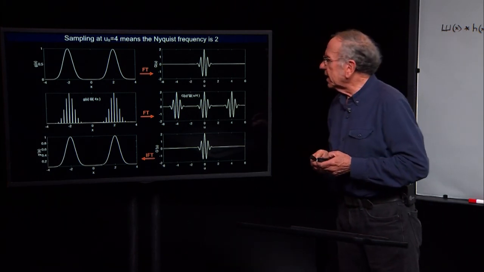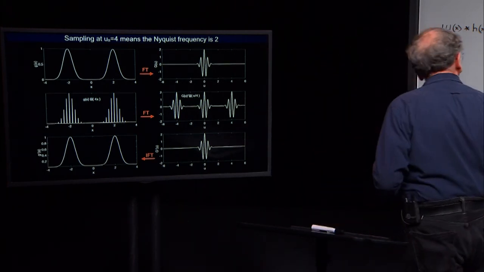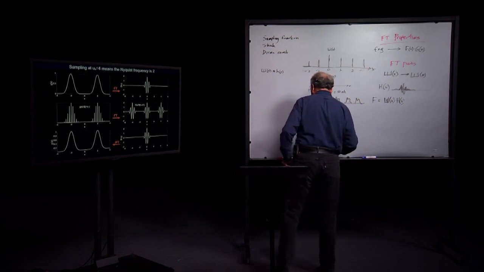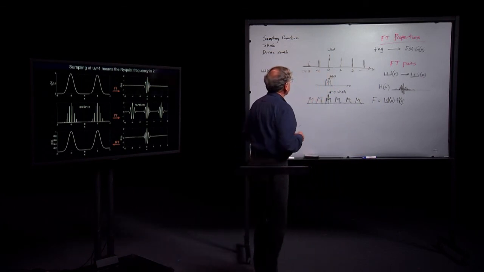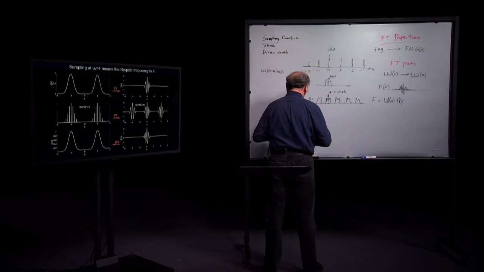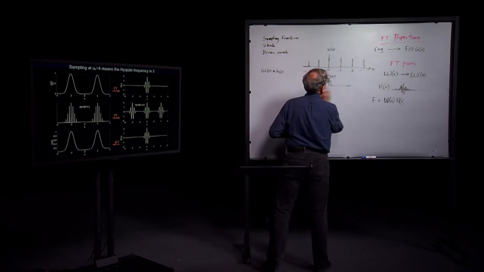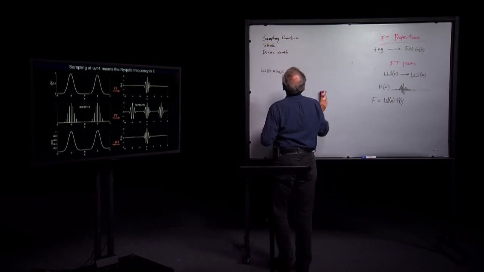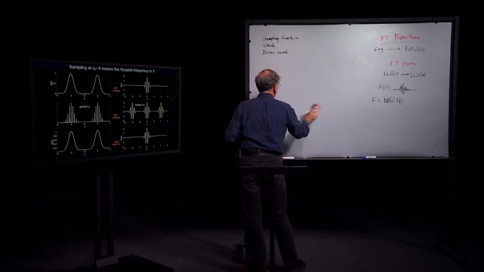So this says then that there is a very special sampling rate below which we cannot do a complete reconstruction of our original function.